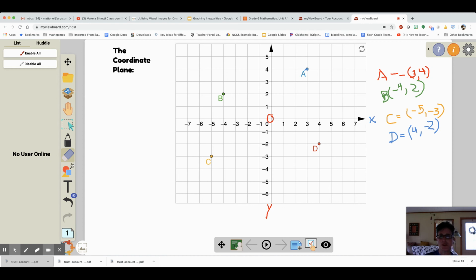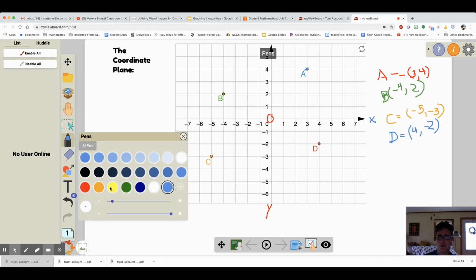Where they intersect, we'll call that point E. Point E, its coordinates are (0, 0). Anything on the x-axis has a y-coordinate of 0, and on the y-axis the x-coordinate would be 0.